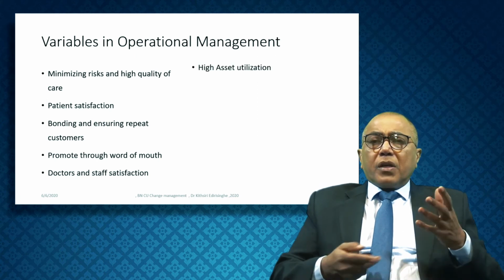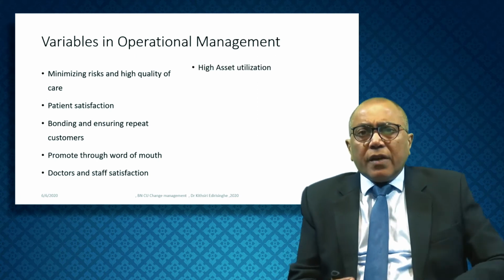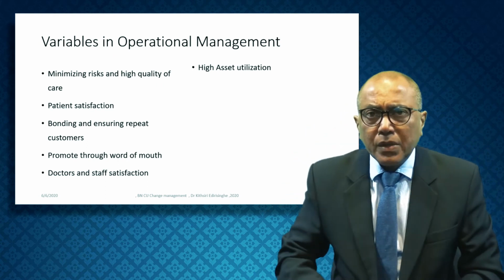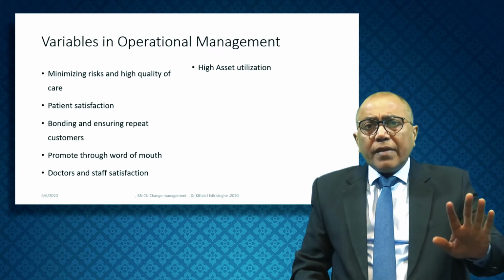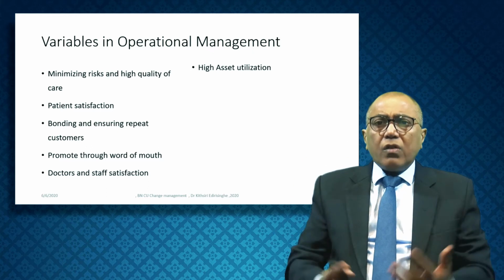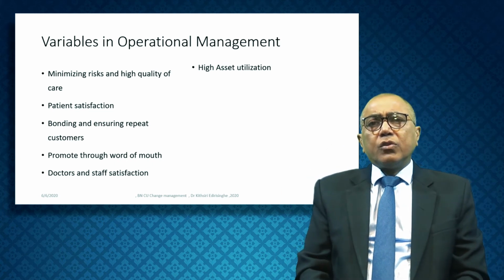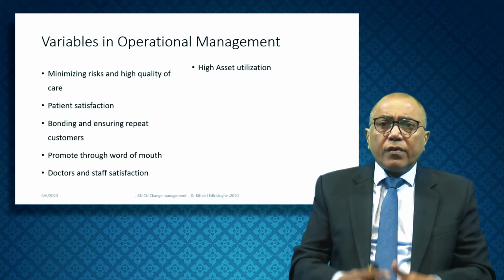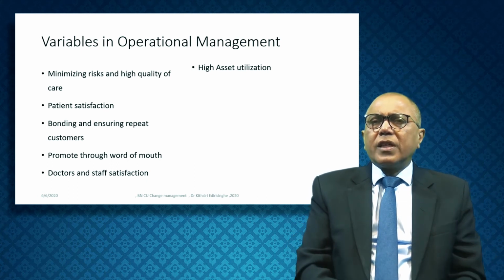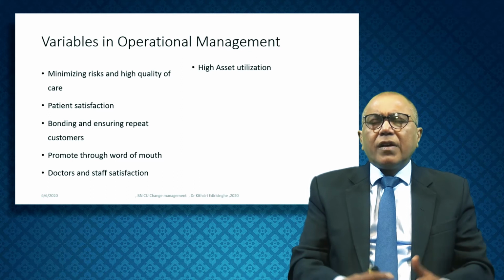And then in a typical hospital, we really have to look at high asset utilization. In simple words, you shouldn't have empty wards, right? You shouldn't have empty theaters. You should always try to utilize the facility 24/7, simply because they are very, very costly equipment, very costly environment.